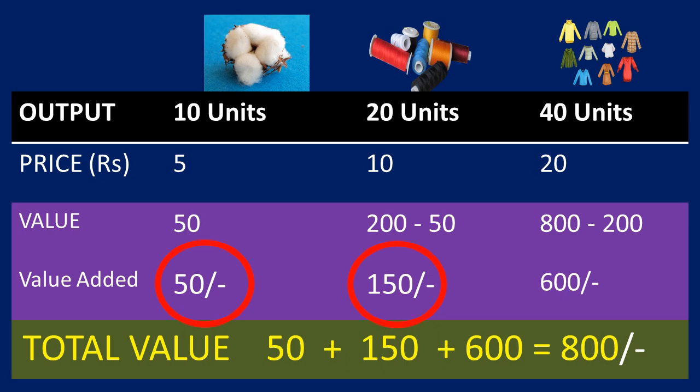Then the same for clothes, which used cotton and thread as input. Therefore 800 minus 200, that is equal to 600 is the value added. Now the total 50 plus 150 plus 600 is equal to 800, which is the GDP.